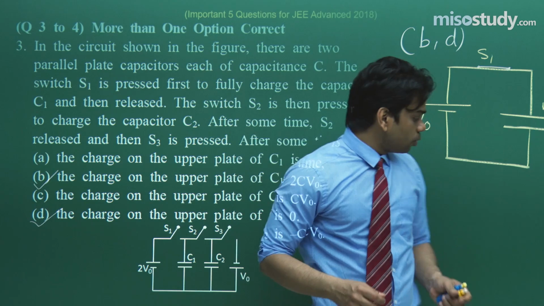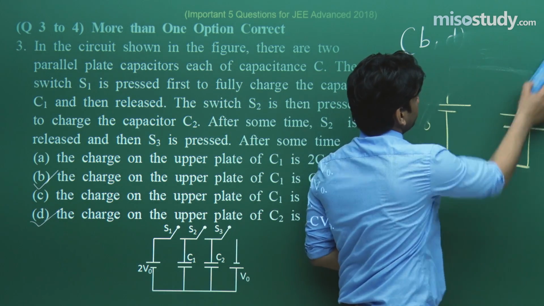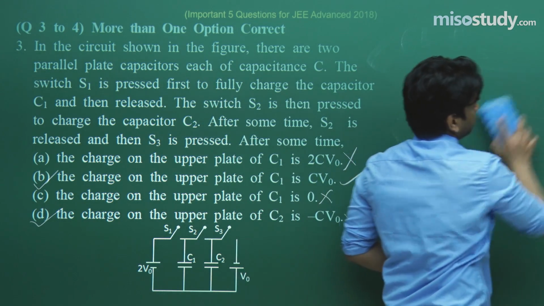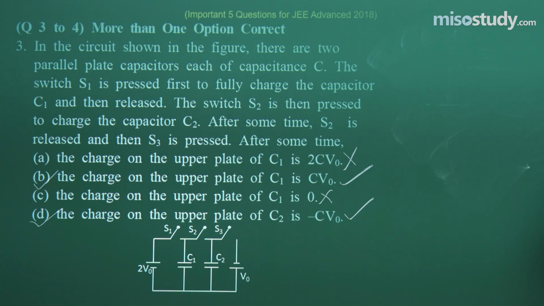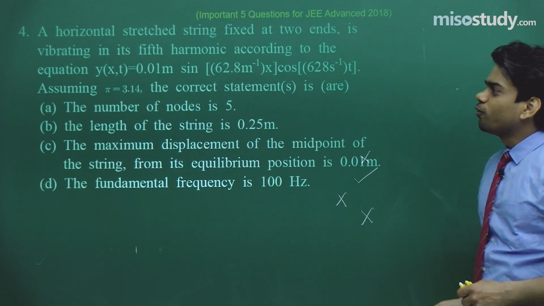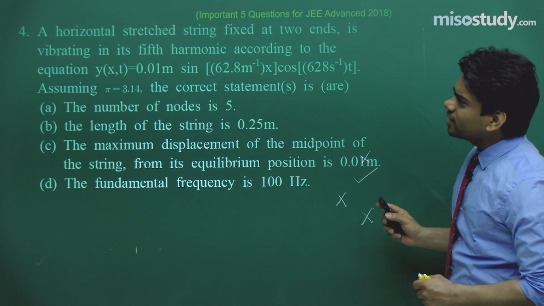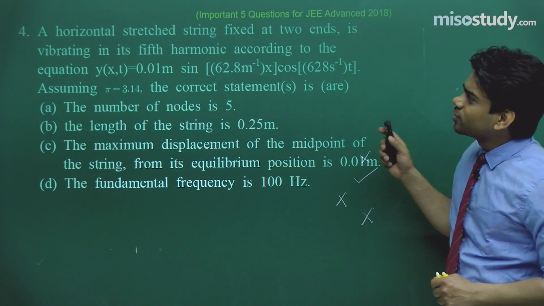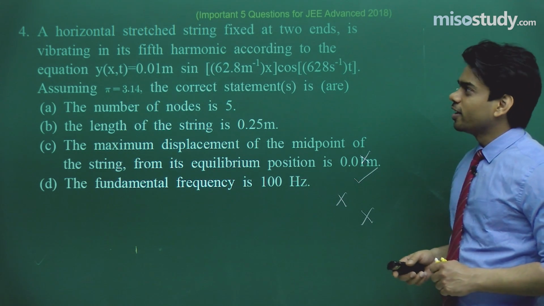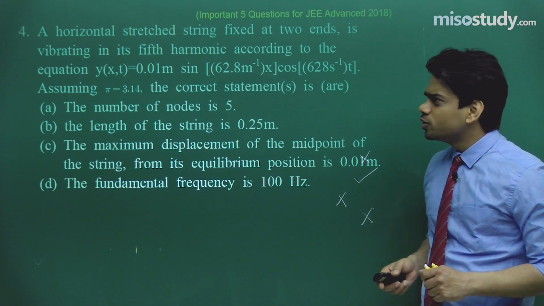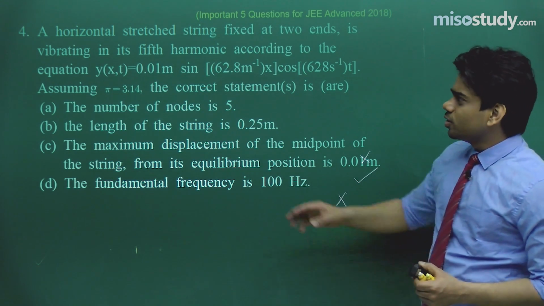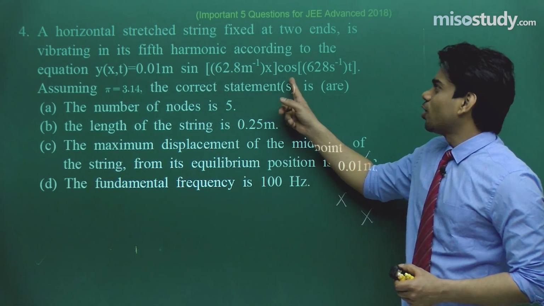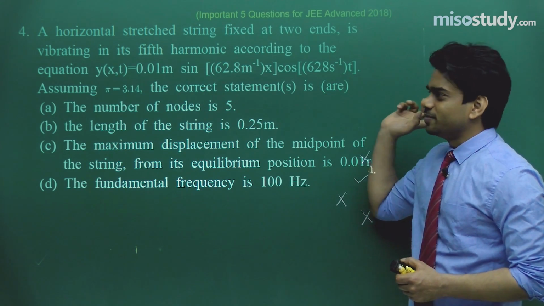Before that, let me just rub the board for you all. Question number 4. A horizontal stretched string fixed at two ends is vibrating in its fifth harmonic according to the equation y(x,t) = 0.01 sin(62.8 per meter x) cos(628 per second t).